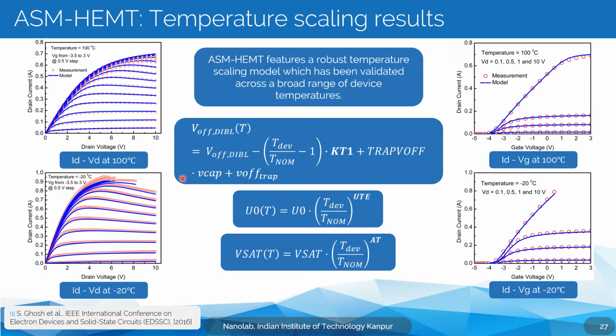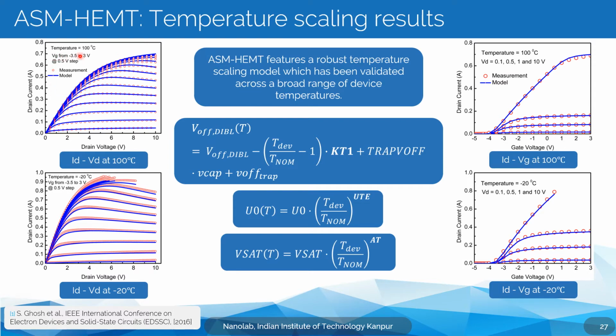In the model, the temperature scaling is defined by three main equations. The first one governs the off voltage of the transistor, the second one is the temperature dependence of the mobility, and the third one is the temperature dependence of the saturation velocity. Using these three equations, we get a very accurate model for the temperature scaling of the main transistor.